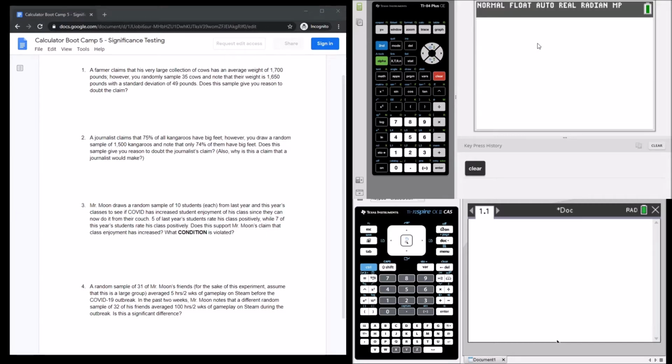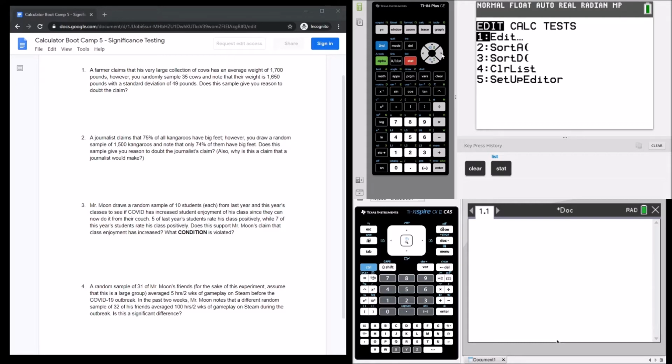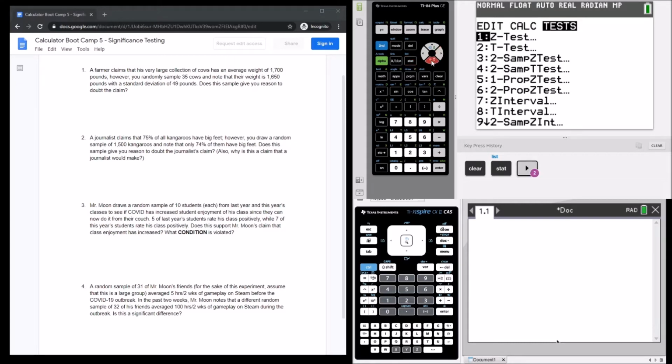We have our sample data, so what we're actually going to be doing here is a t-test, because we are looking at weight, which is a mean, not a proportion. So what we're going to do on the 84 is go into stat, go over to tests, and go to a z-test, or sorry, a t-test, excuse me.